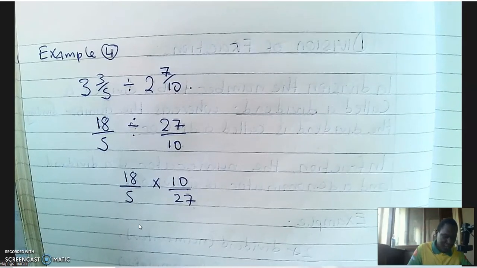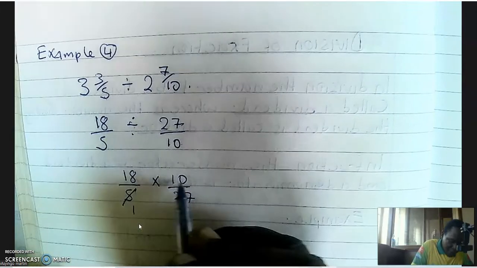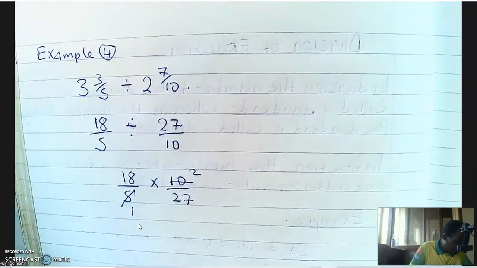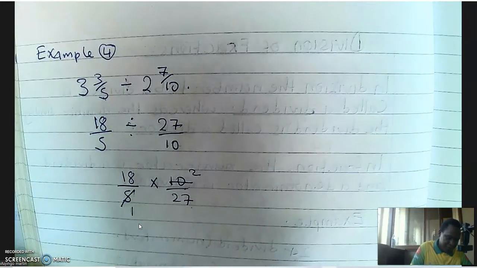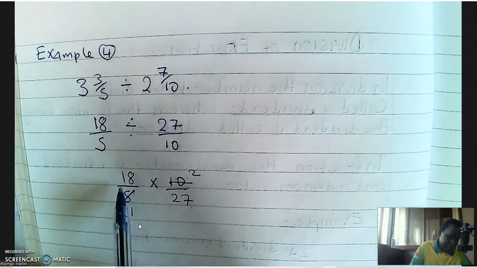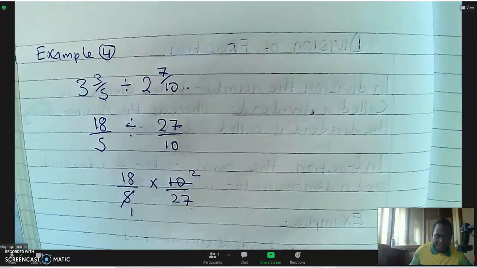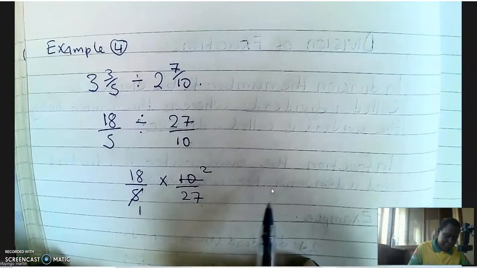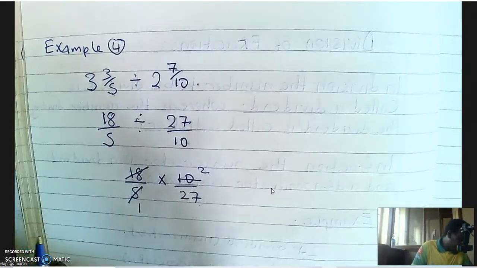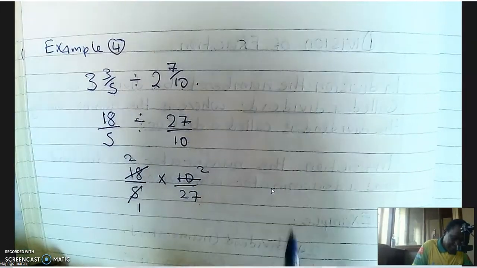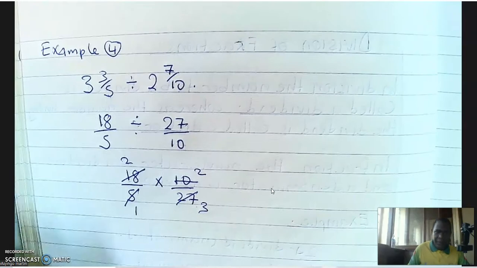Now I can reduce. I can divide here by 5 to give me 1, and by 5 to give me 2. I can also reduce here: let's divide 18 by 9, which gives 2, and 27 divided by 9 gives 3.